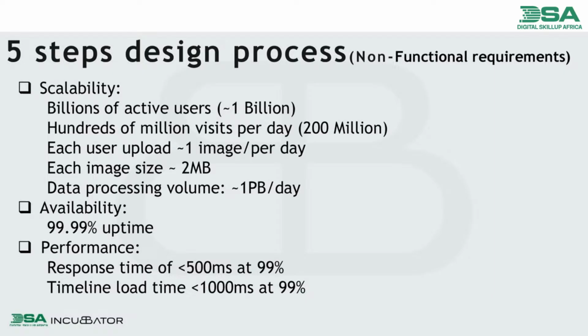Now we'll talk about availability and fault tolerance. We're definitely aiming at a high level of availability here. While it may seem like nothing terrible can happen if an image sharing platform goes down, let's not assume that.